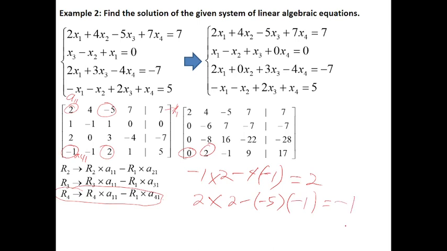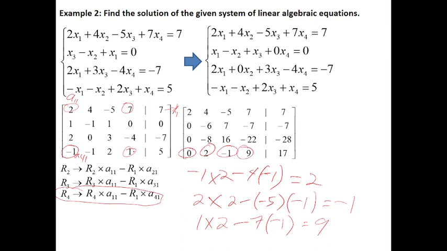Negative 1. Nakuha yan. Then, 1 times 2 minus 7 times negative 1. 9.